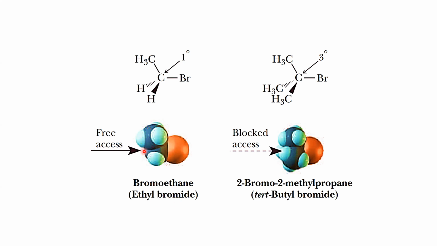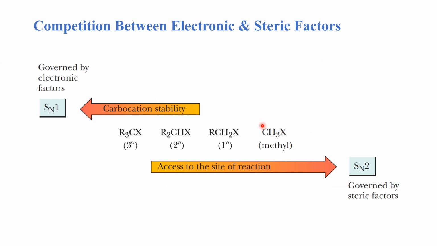This is a free access, it can easily be attacked, while this is the blocked one, so there is no attack of the nucleophile from the backside. So this is not going to pursue the SN2 mechanism. Once it cleaves the bond with the bromine, it will be in a stable carbocation formation, and then it can easily go through the SN1 mechanism. Now the competition between electronic and steric factors.